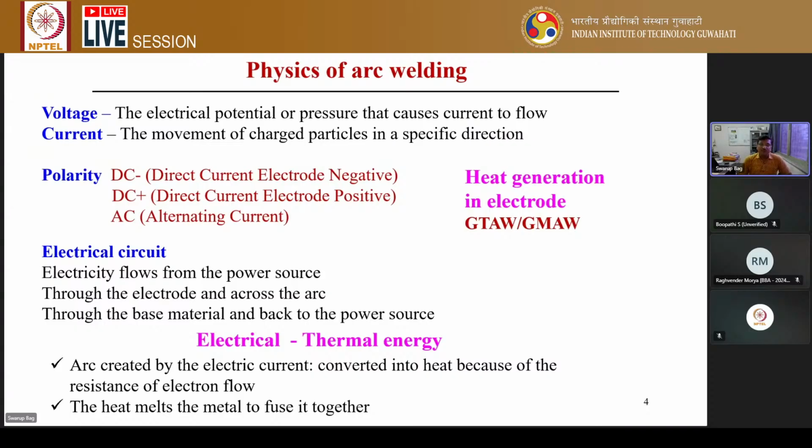But if you use a non-consumable electrode, for example, the gas tungsten arc welding process, your intention is not to melt the electrode material. In that case, you can use the electrode as the negative terminal and the workpiece as the positive terminal, so more heat will be generated towards the workpiece. So this is the basic philosophy of choosing the polarity in any kind of arc welding process.